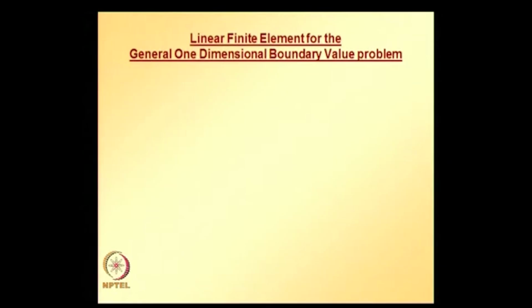So linear finite element for general one dimensional boundary value problem, the procedure will be same even if you use higher order elements, which we will be looking at in the later lectures.